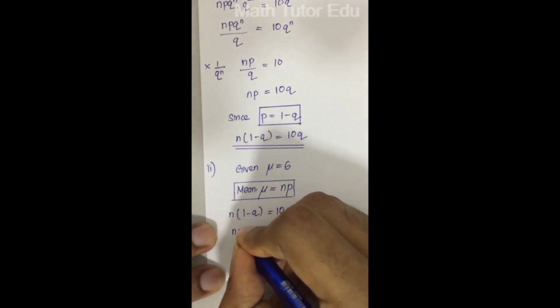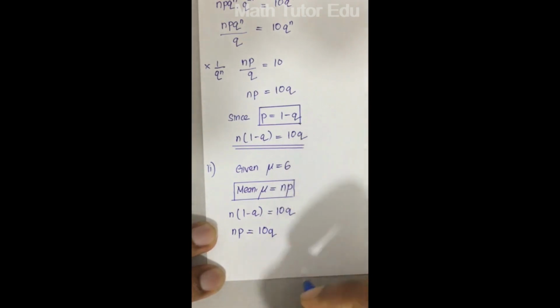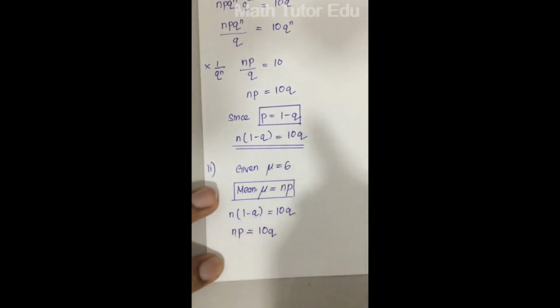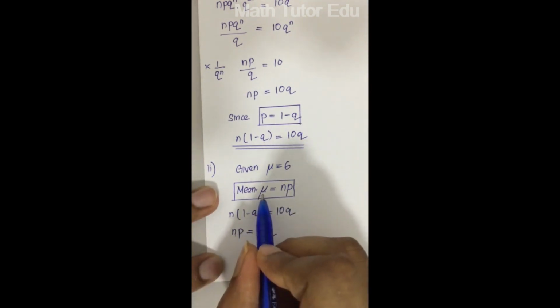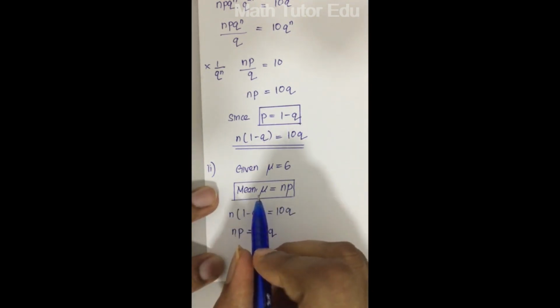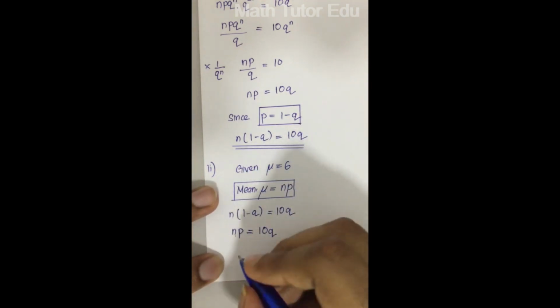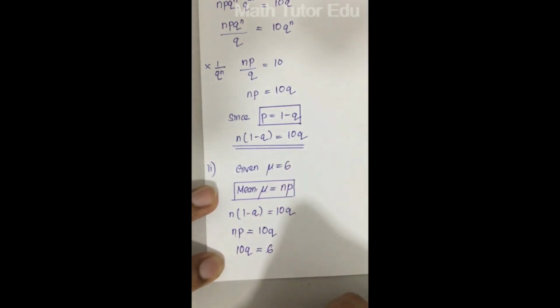So from here, np is equals to 10q. So let us continue. Given that np is equals to 10q, and we also know that np is actually the formula for mu, which is actually mean. And the question gave us that the mean is equals to 6. So from here, 10q is equals to 6.